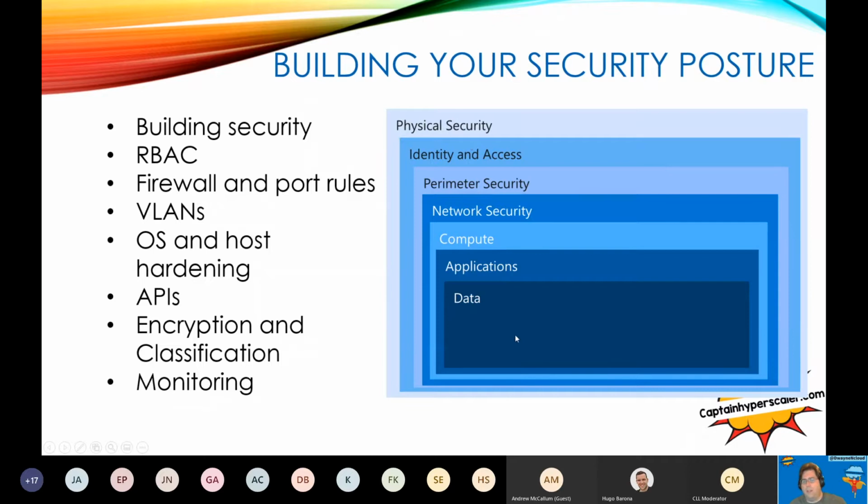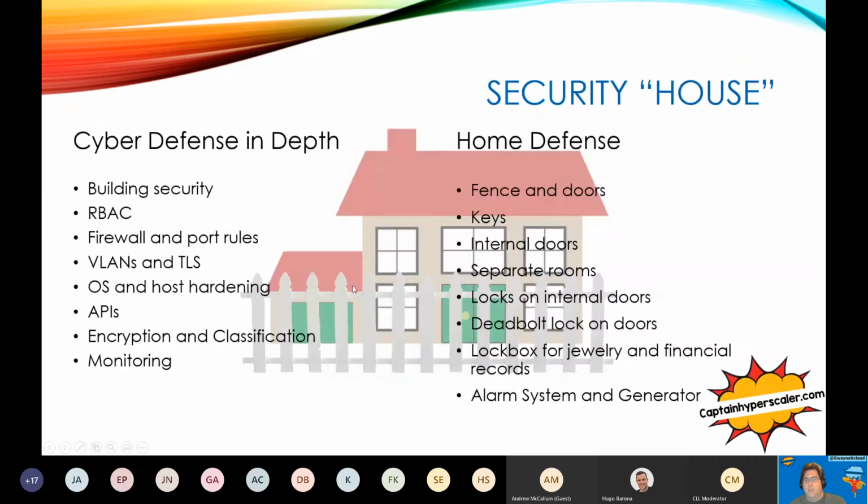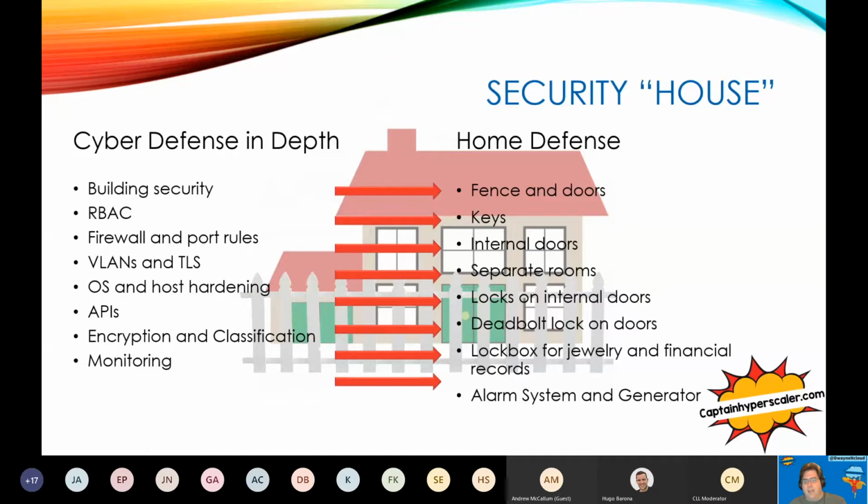And so you need to think of all of this in the aspect of building your security posture and architecting your environment within Azure as well as your organization. I like to use an example of building a house and how you would architect, design, and protect yourself in terms of your household.